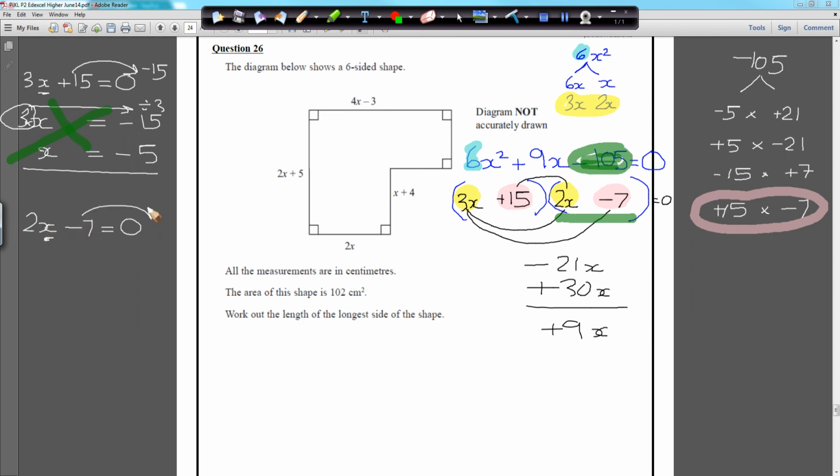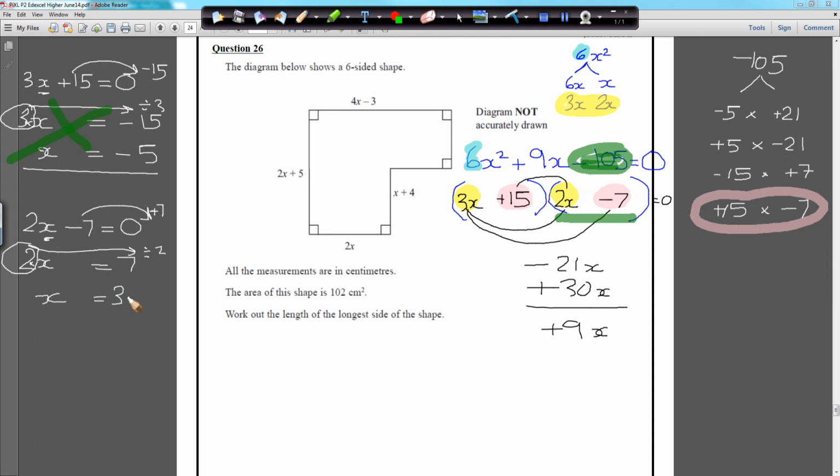The opposite of minus 7 is add 7. So 2x is equal to plus 7. Then the opposite of times by 2 is divide by 2. So x is equal to 7 divided by 2, which is 3.5.